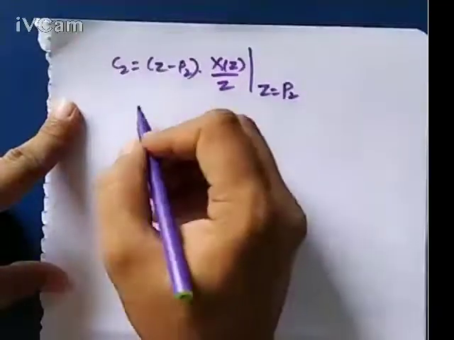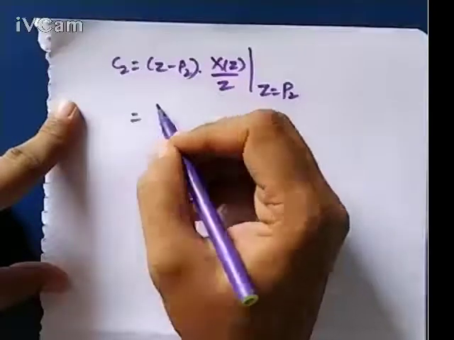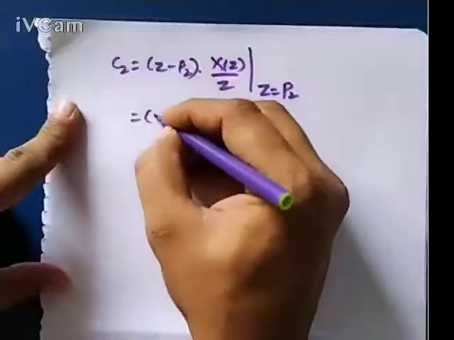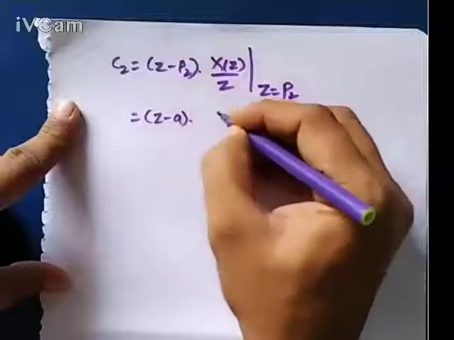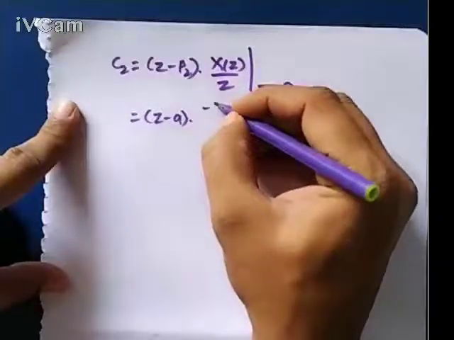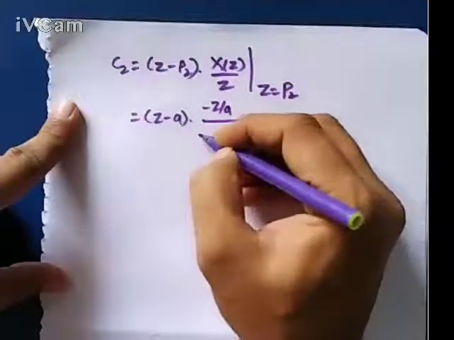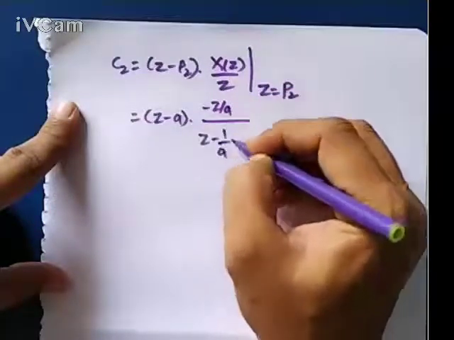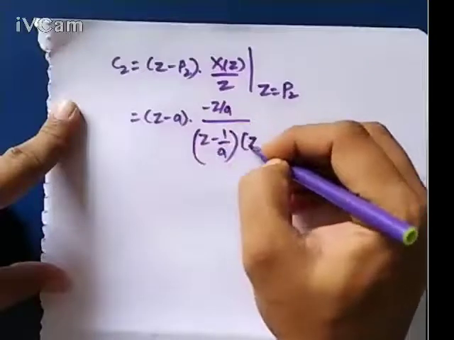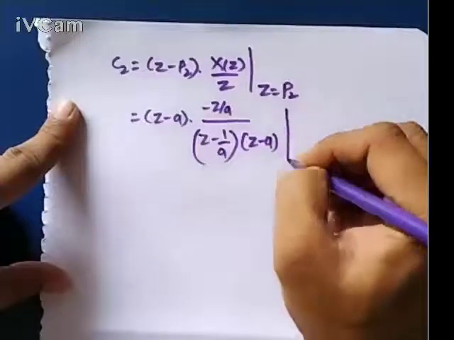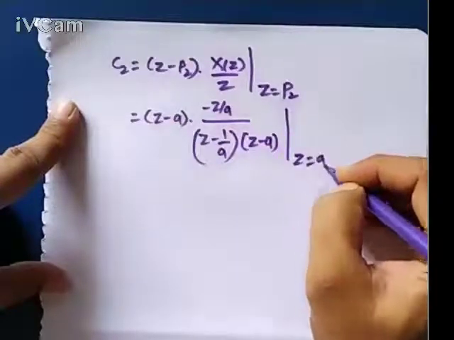Now pole 2 is a, right? That will be z minus a into X of z by z, which is minus z by a upon z minus 1 by a into z minus a, at z equal to a.